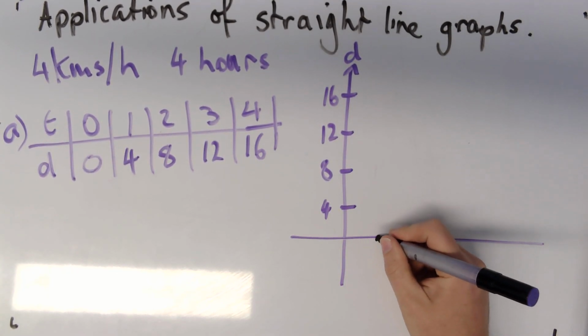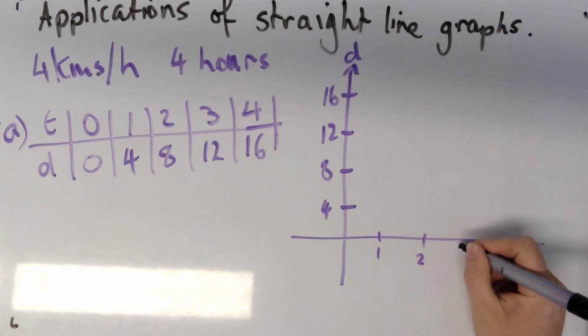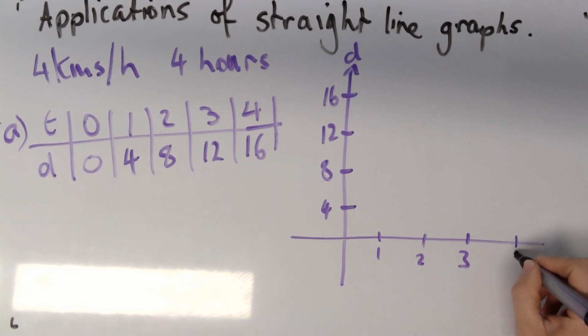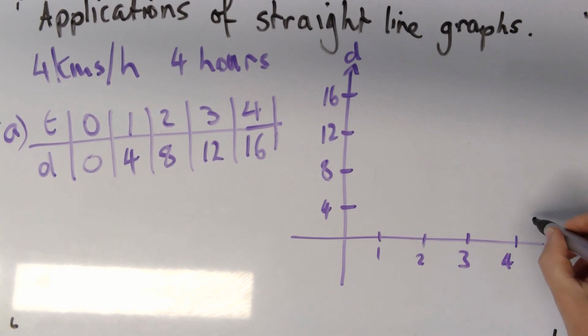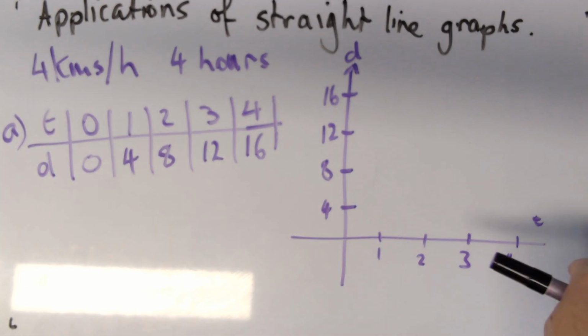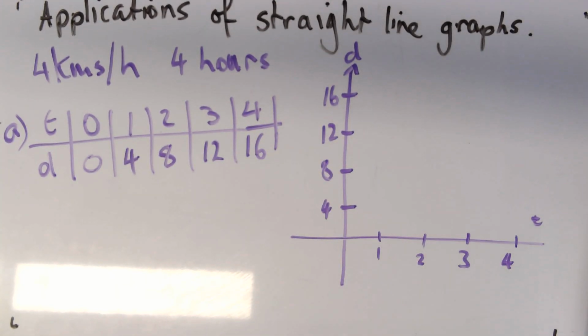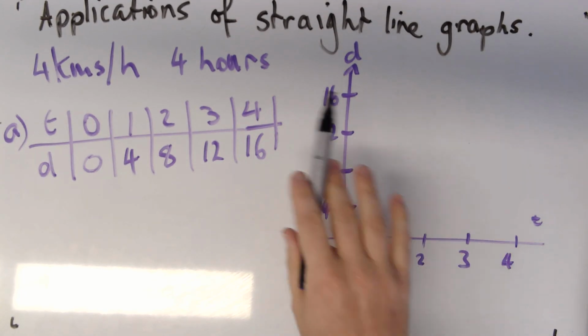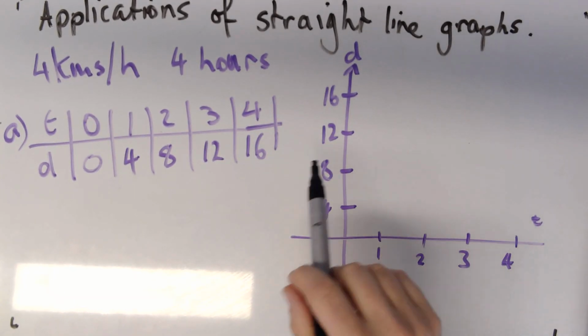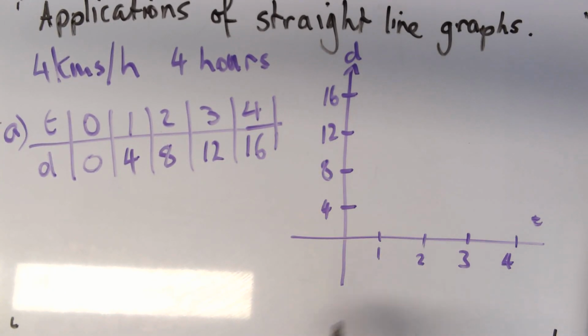And then my time, I've got 1 hour, 2 hours, 3 hours, and 4 hours. This is my time over on this axis. Distance this way, time this way. Again, the most common incorrect thing to do is either mix them around the wrong way or to label it X and Y. It's not X and Y, it's time and distance.